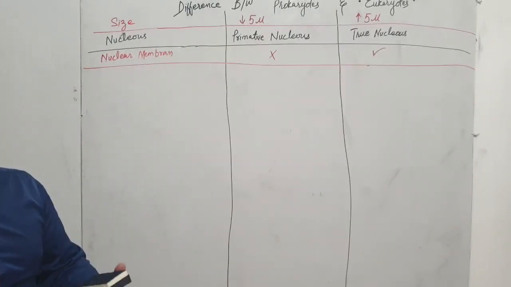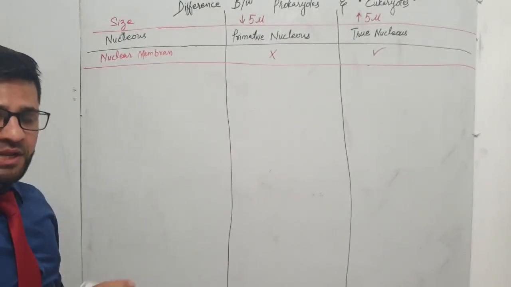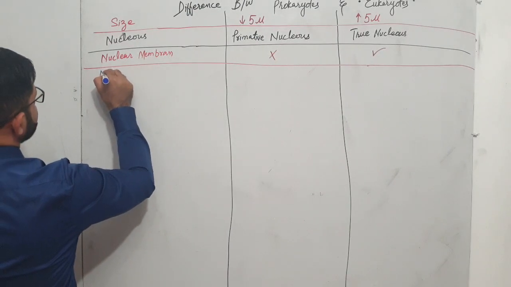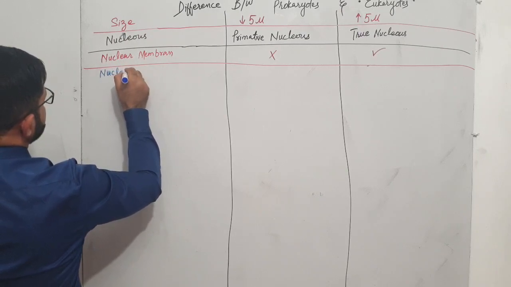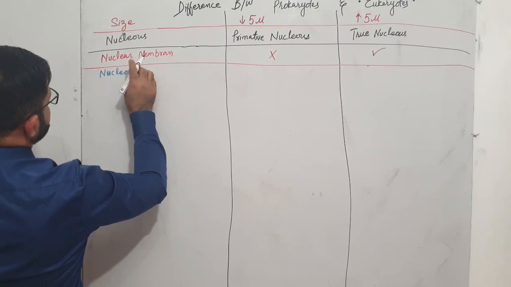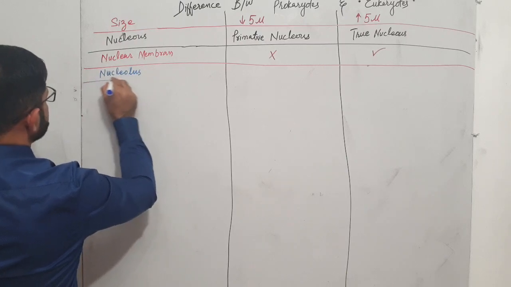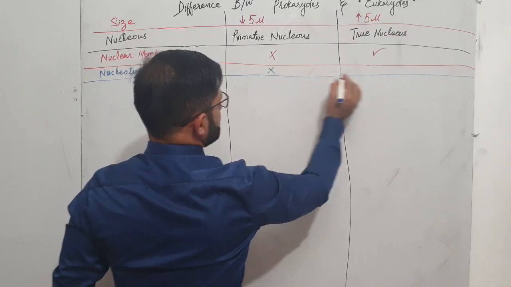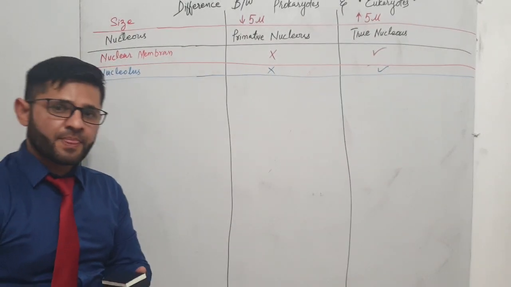And within the nucleus the genetic material will be enclosed. Okay. Now nucleolus. The nucleolus is absent in the prokaryotic cells while it is carried by the eukaryotic cells. Clear?